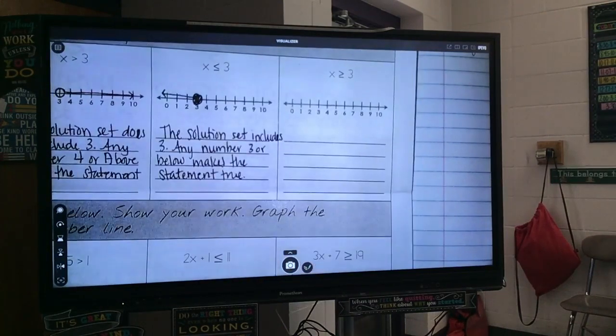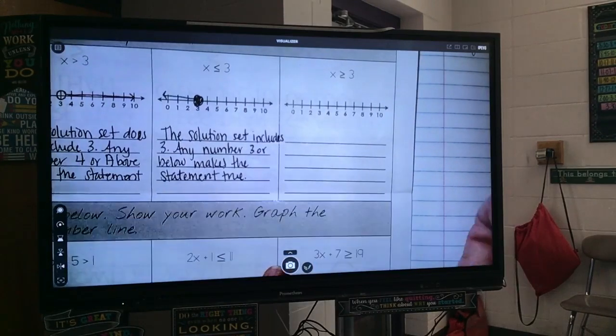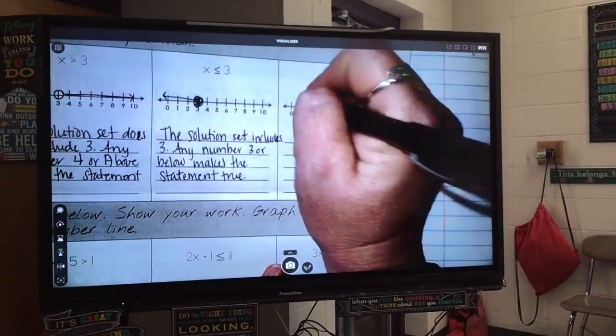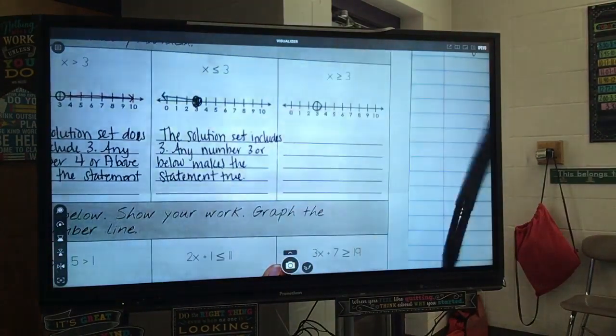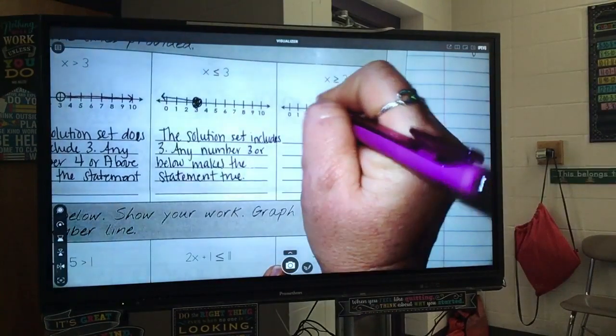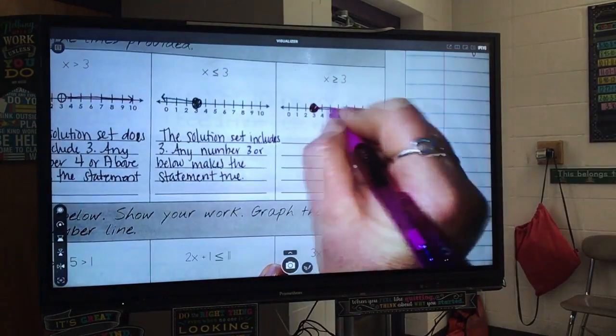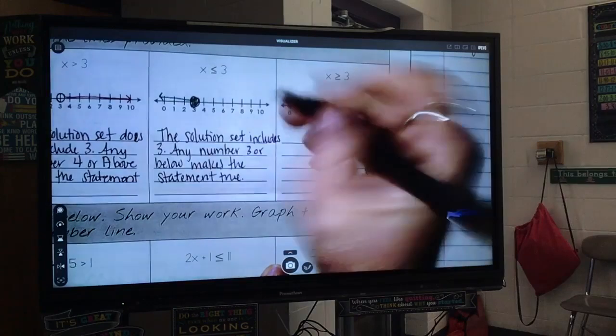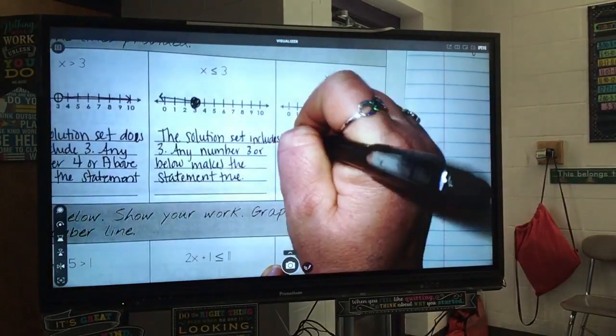Alright, so looking at the last one, x is greater than or equal to 3, River. Well, you would put the dot on 3. Is it open or closed? Closed. And which direction is it going? To the right. And is it going to be included in the solution set, River?